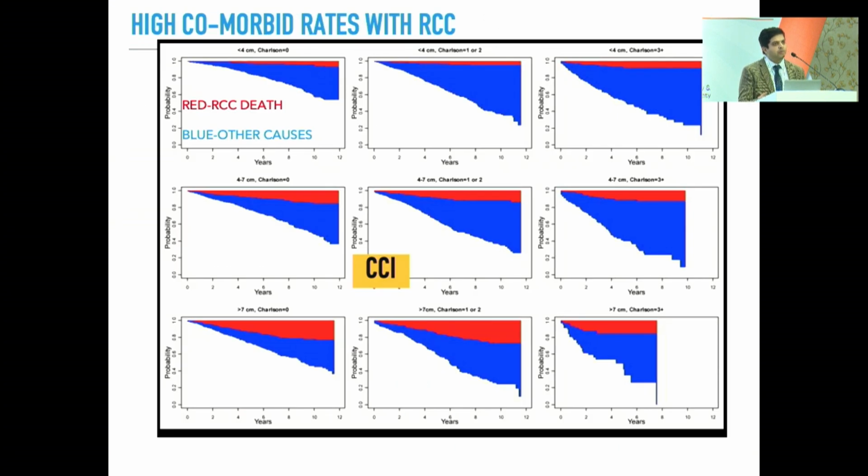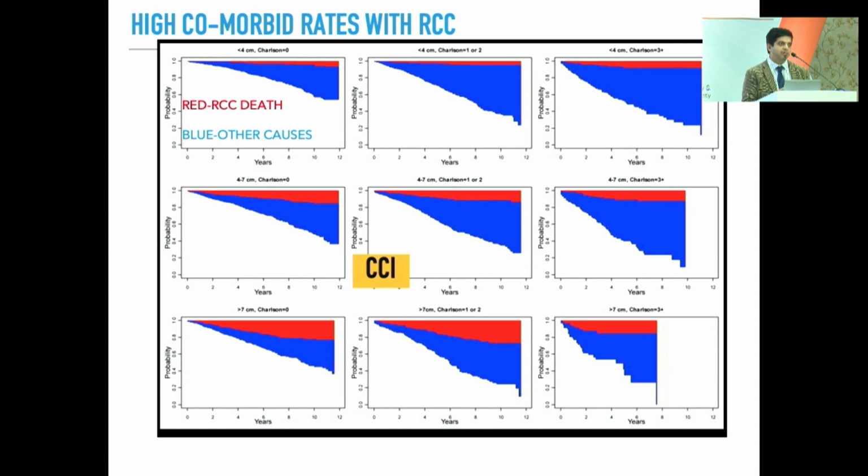So when we talk about small renal masses, comorbidities are always something that we have to think about. These graphs show you the death due to the RCC versus competing causes. As the size of the tumor increases, the death due to the renal mass increases, and as the age increases, as you can see, the Charlson's comorbidity index plays more of a role, and competing causes of death.